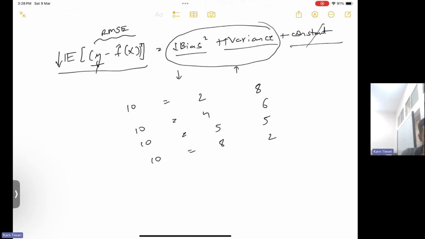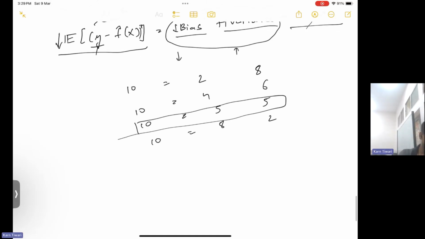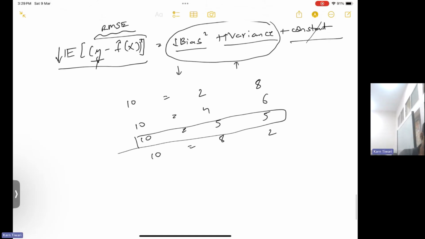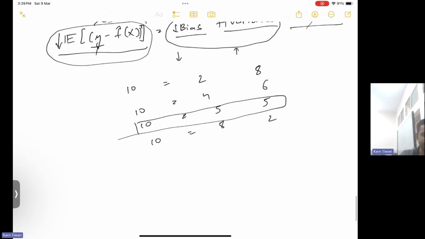But what we want ideally is a proper estimate, where there is not a very high bias or very high variance. They should be approximately equal. But with the loss function with which we are running our model, we don't have control over bias and variance.